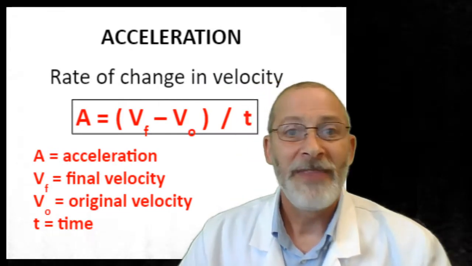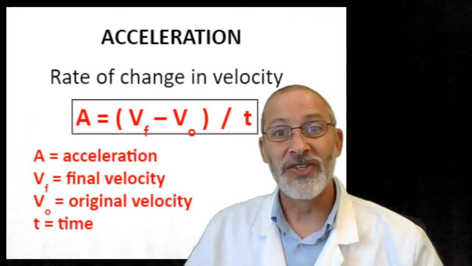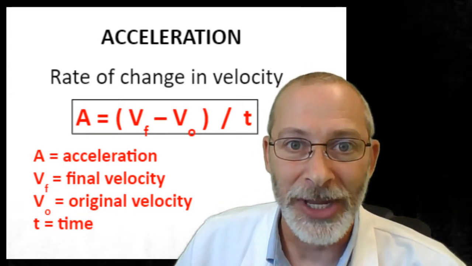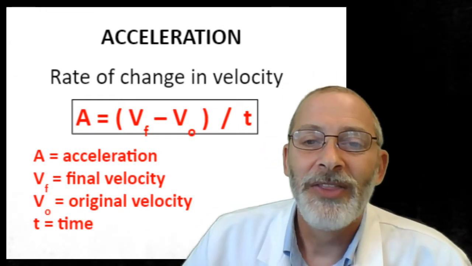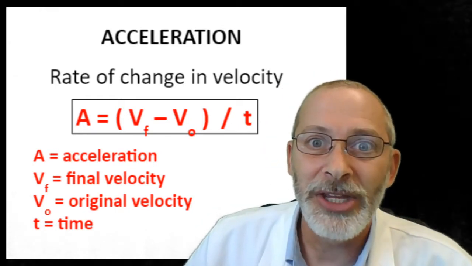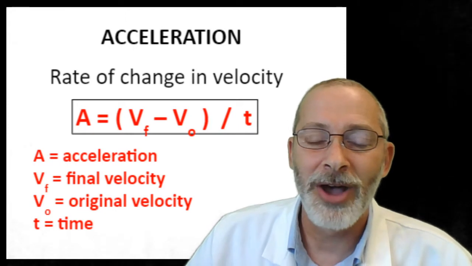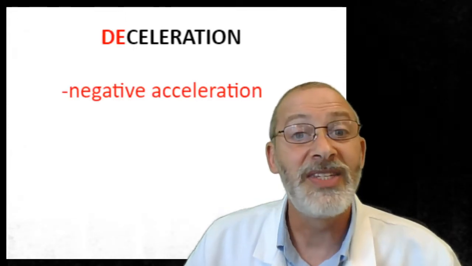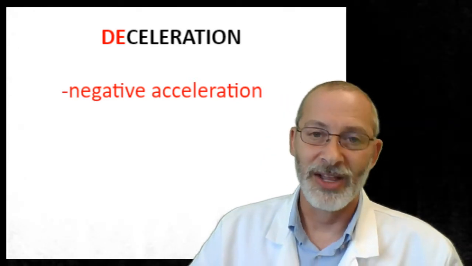But I've been accenting the first syllable in this word, acceleration, because there's another kind of celeration. And I'm not talking about celery on a salad. What I'm talking about is deceleration.